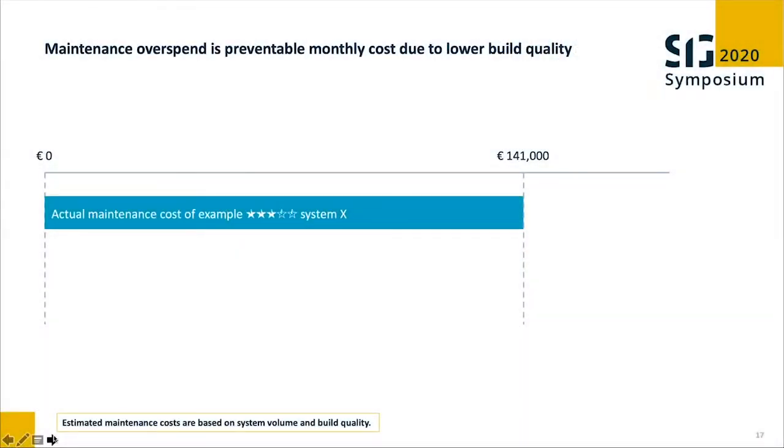Yeah, so when we look at a system, we have found in our experience as consultants in this domain that the main cost drivers are how much of the software is there, what's the volume of this system, and the second is how is its quality, right? So what's the build quality.